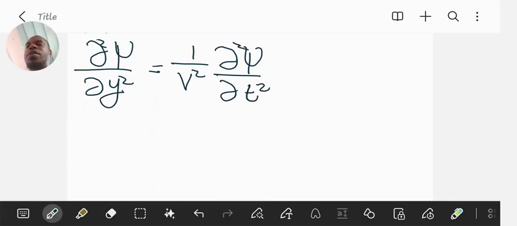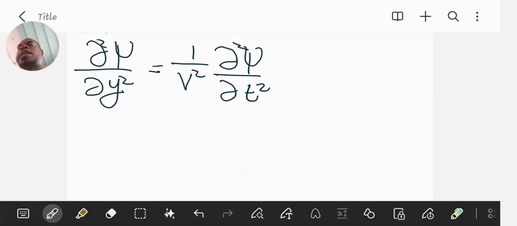So on the left hand side we show the second partial derivative of psi with respect to y, and on the right hand side the partial derivative of psi with respect to t, and thereafter we will be able to substitute and then solve for the value of v. v is the speed of the wave.